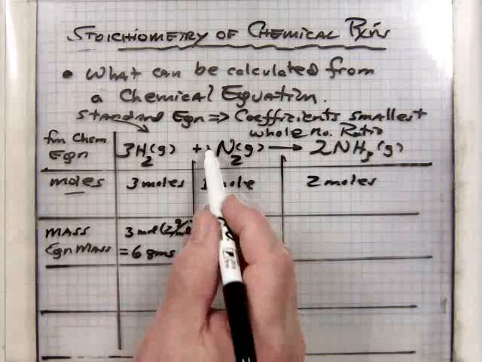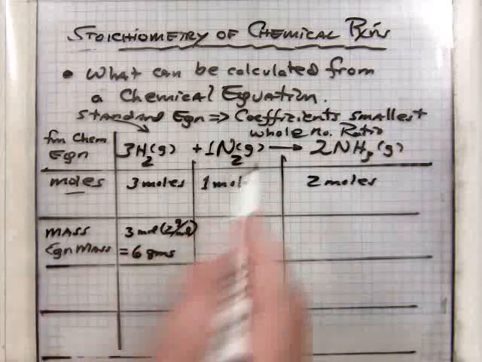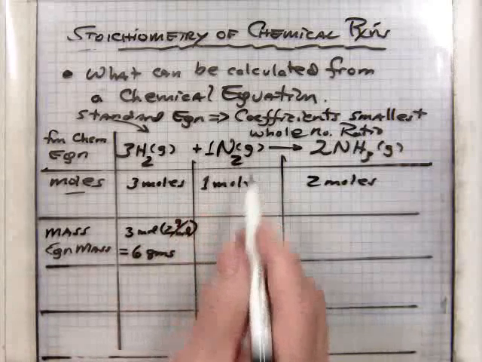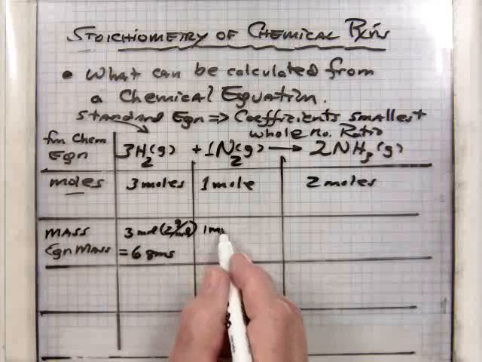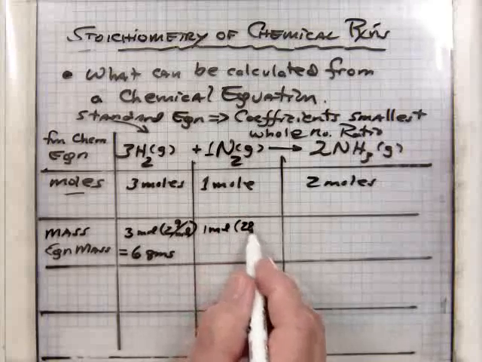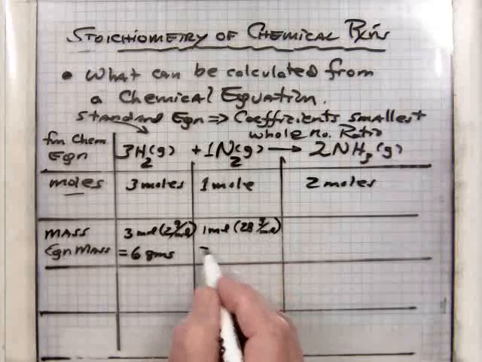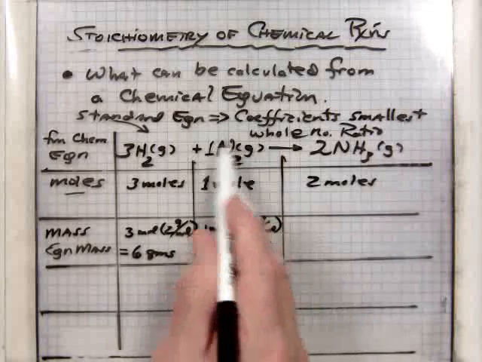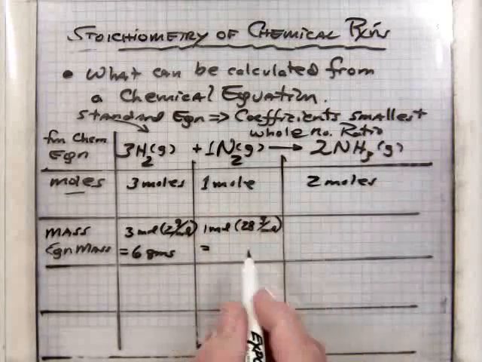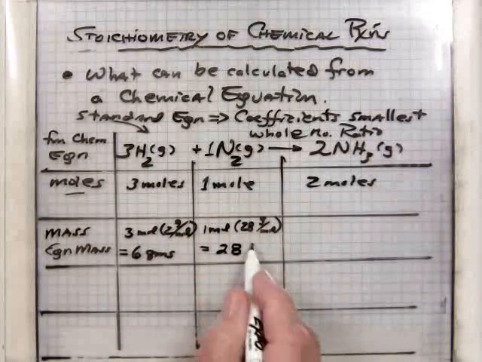Here is 1 mole, of course, understood to be 1 mole of molecular nitrogen. So 1 mole, and 14 and 14 is 28 grams per mole. And so the equation weight for the molecular nitrogen is 28 grams, 1 times 28.